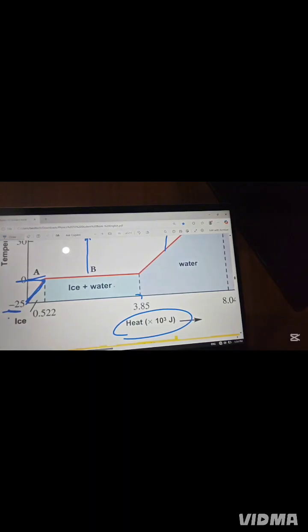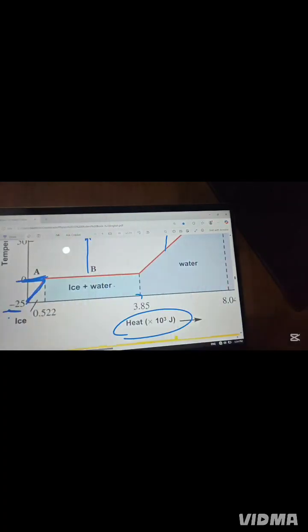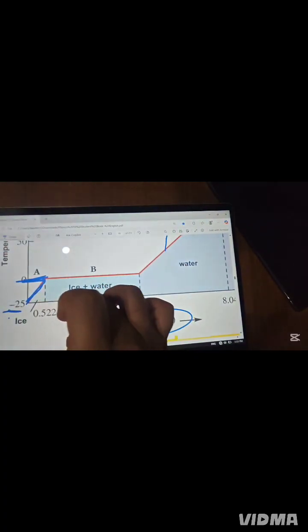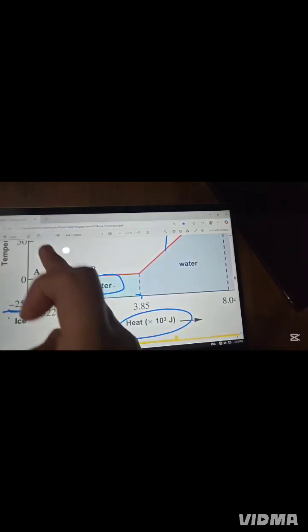So in part A, we are giving heat energy to the ice state, and its temperature is going to increase until it reaches 0 Celsius. This is part A. In part B we have ice plus water. Look, who knows what is the temperature of part B?